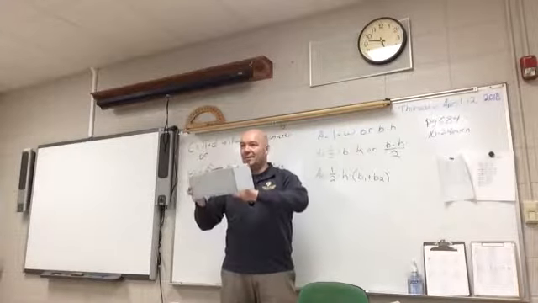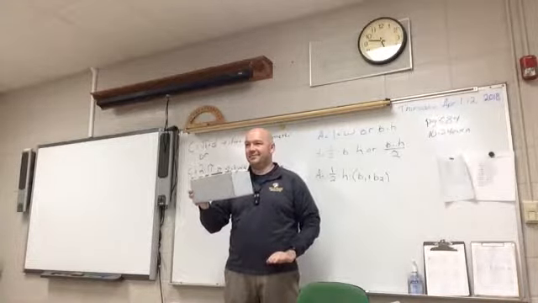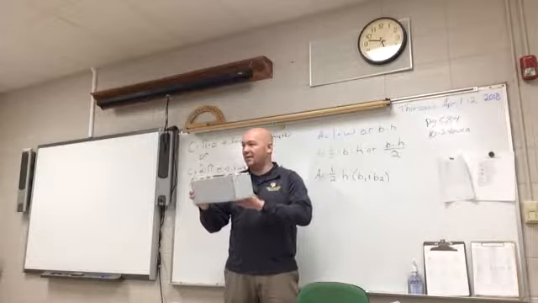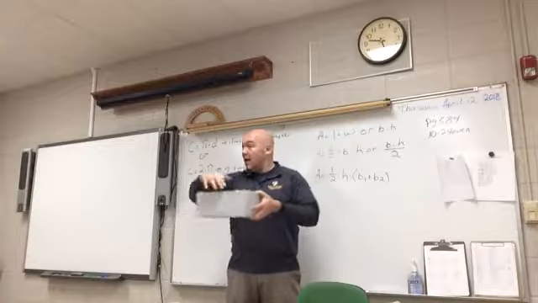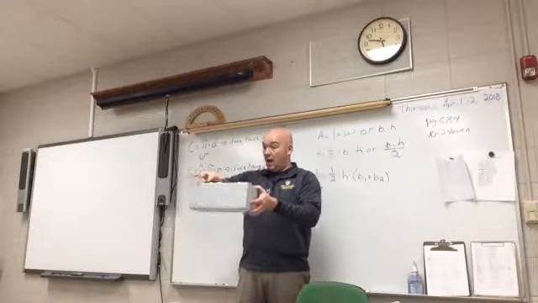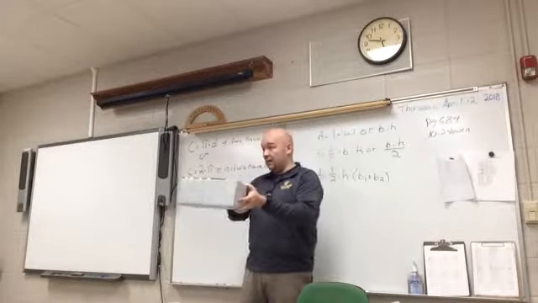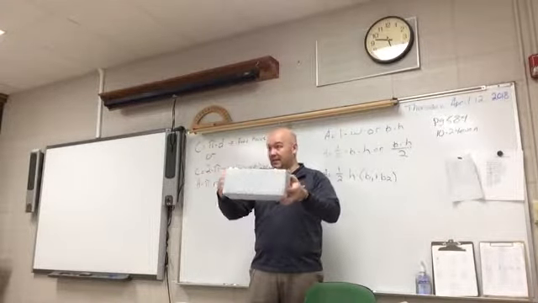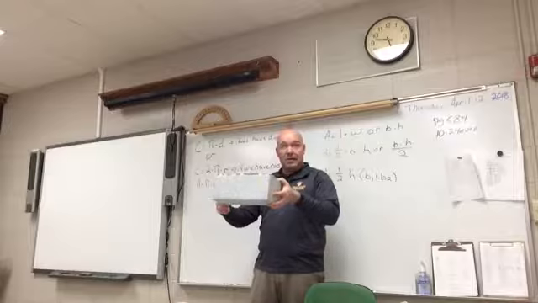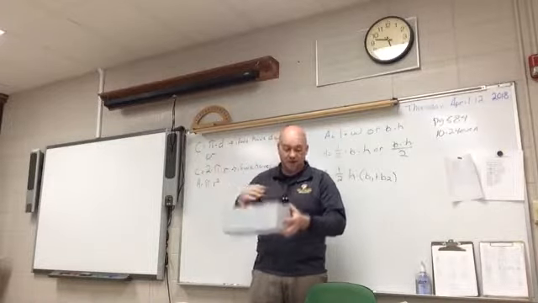Okay, then what's the area of the back? If it's a perfect rectangular prism, what's the area of the back? 50. Because we got this measurement here on the front should be the same as the measurement on the back, right? This measurement here should be the same as this measurement back here, right? So this should be 50, this should be 50.